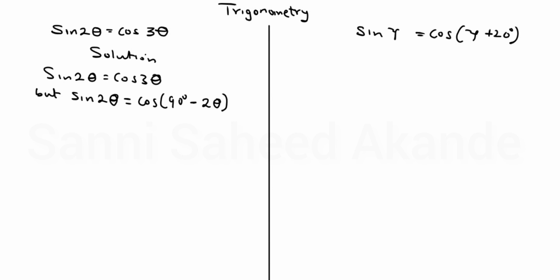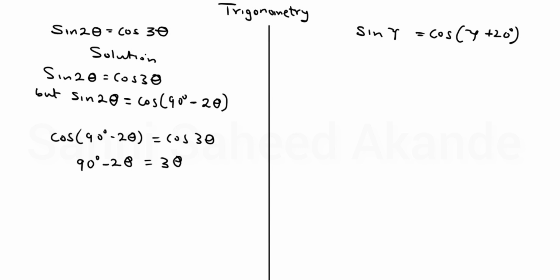Now since sine 2 theta is equal to this, let's substitute. So we now have cos open bracket 90 degrees minus 2 theta, equal to cos 3 theta. Then when cos cancels cos, we have 90 degrees minus 2 theta equal to 3 theta. So let's collect the like terms.